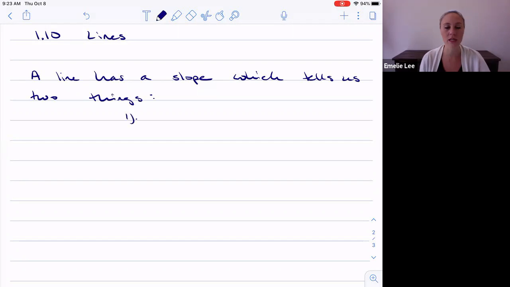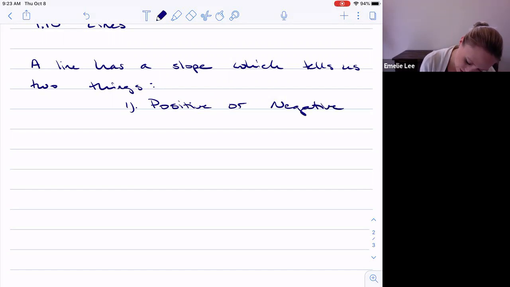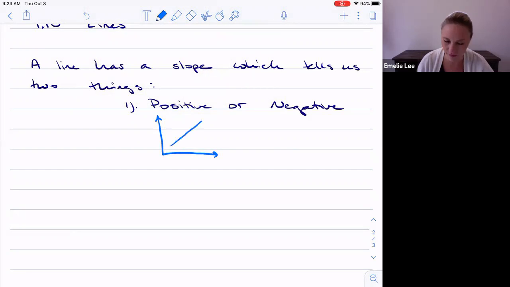The first one is whether the line is going in the positive or negative direction, right? So if it's positive or negative. In general, if we're just looking at an XY axis like this, a positive slope is something that's going up, up, up.